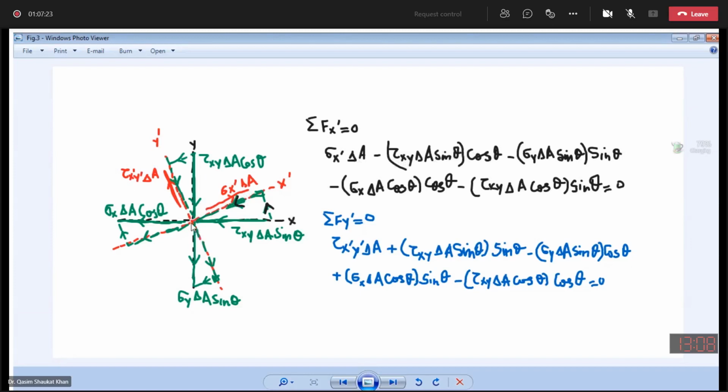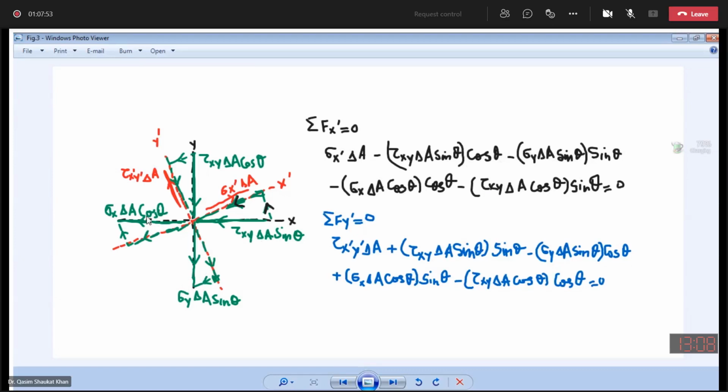Now, next one is sigma y delta a sin theta. Its component along the x dash axis is this one. This component was sigma y delta a sin theta into sin theta, because this is perpendicular. This arrow is pointing towards negative x dash axis, so this will be minus sigma y delta a sin theta into sin theta.